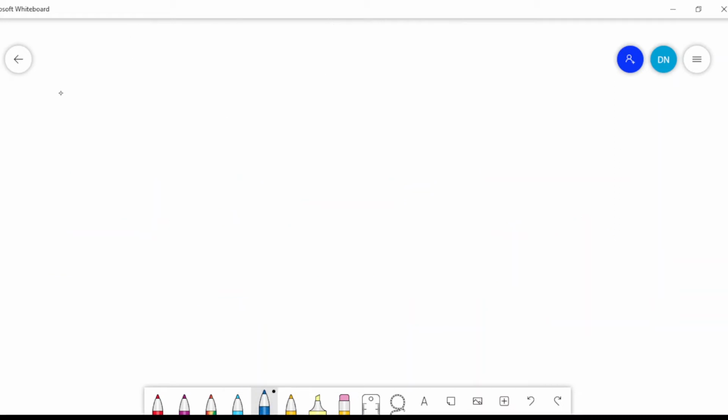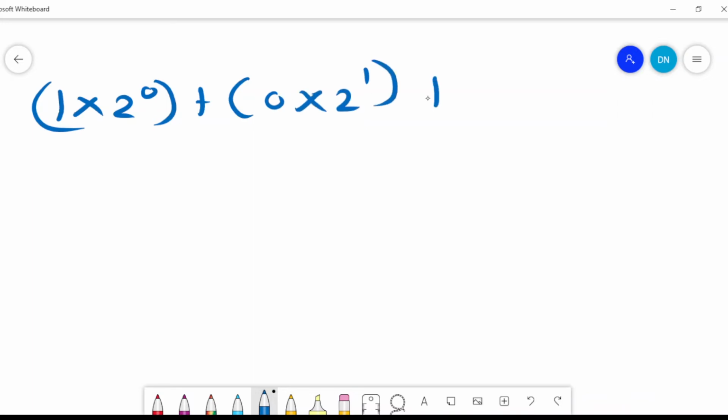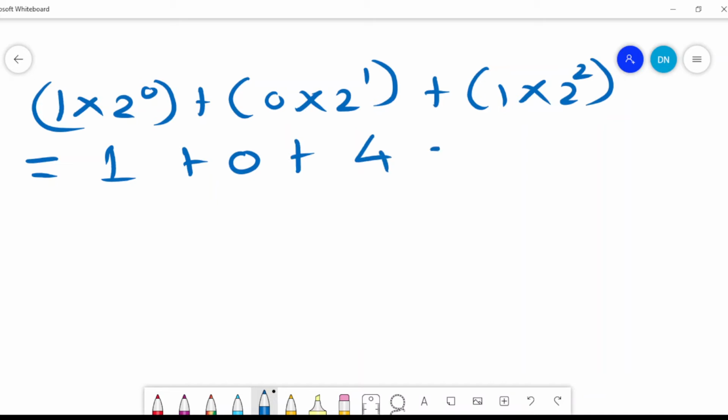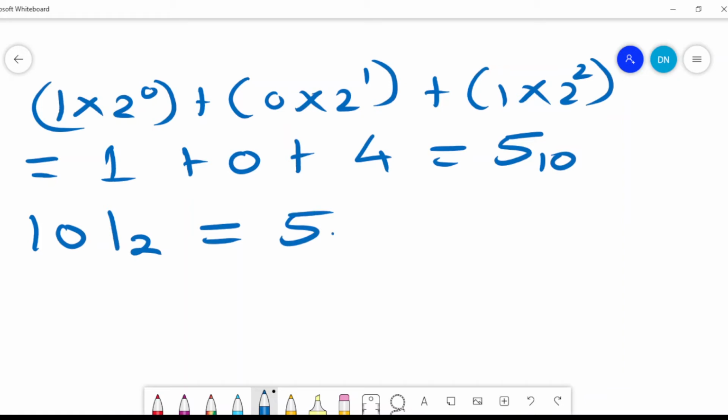So it's 1 times 2 to power 0 plus 0 times 2 to power 1 plus 1 times 2 to power 2. And this gives us 1 plus 0 plus 4, which will give me 5 to base 10. Therefore, 1, 0, 1 to base 2 will be equal to 5 to base 10.